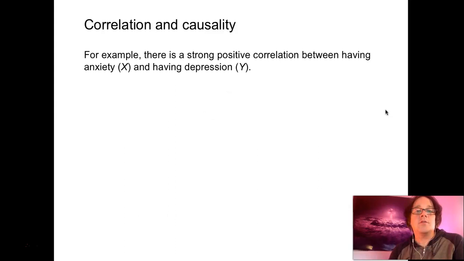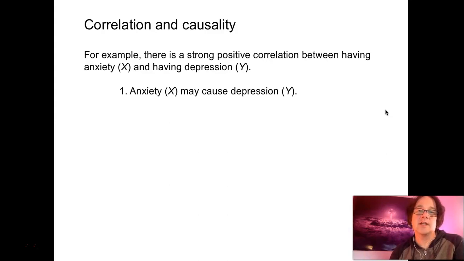Let's say that there's a strong positive relationship between having anxiety and depression. That's a true example. If you have one, you typically have the other. They tend to go hand in hand. One possibility is that having anxiety is really kind of depressing, right?